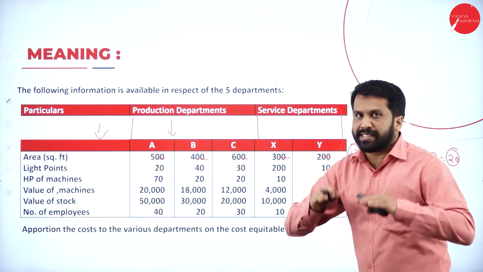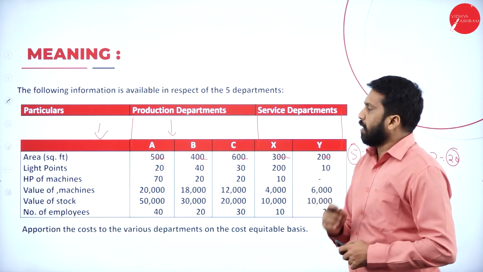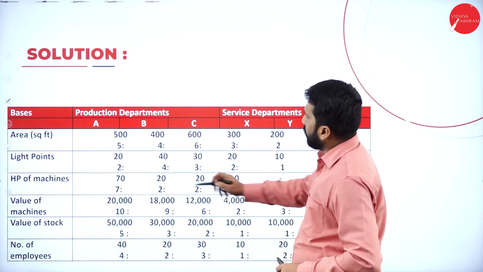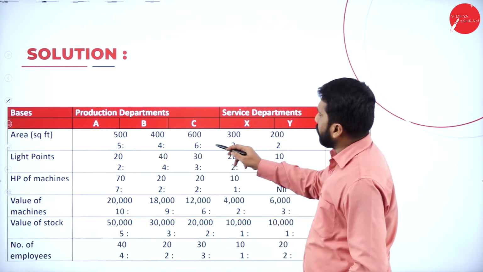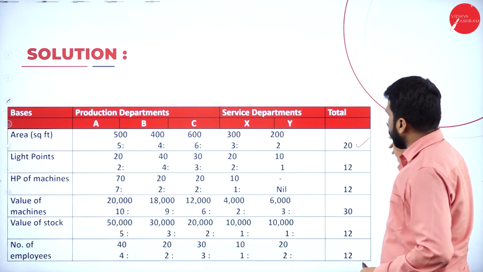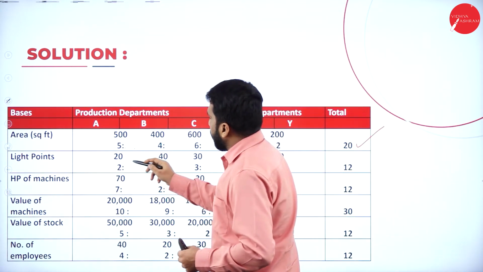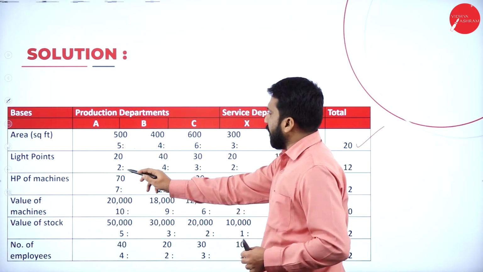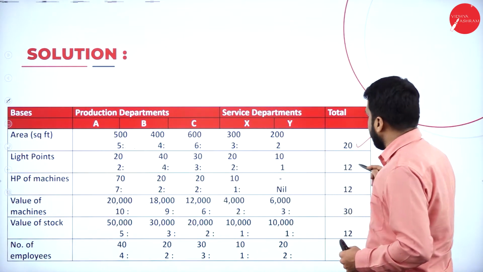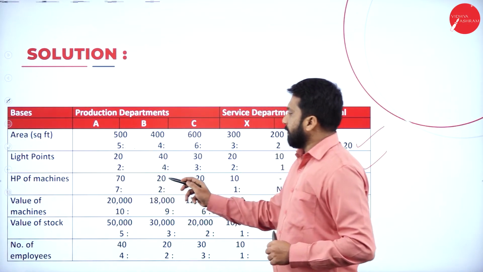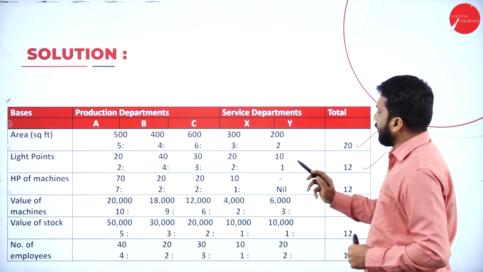Now, these are the information they have given. We have to make it simple. I'll show you. See, 500, 400, 600, 300, 200 becomes 5 is to 4 is to 6 is to 3 is to 2. The total is 20. Similarly, light points, we have all these values. Simplify: 2, 4, 3, 2, 1. Similarly, you have 70, 20, 20, 10 and nil.